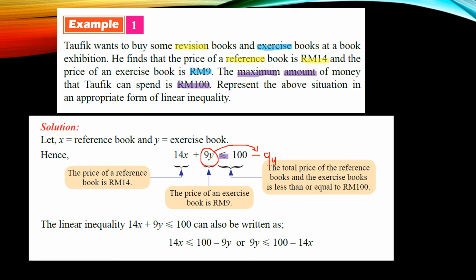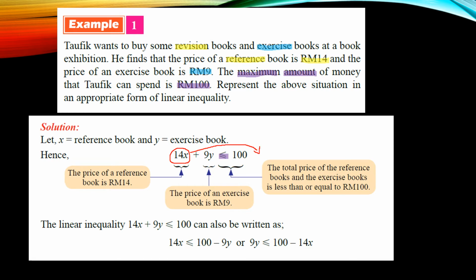The second one: 9y less than or equal to 100 minus 14x. That means this 14x, when you bring it to the other side, becomes minus 14x.